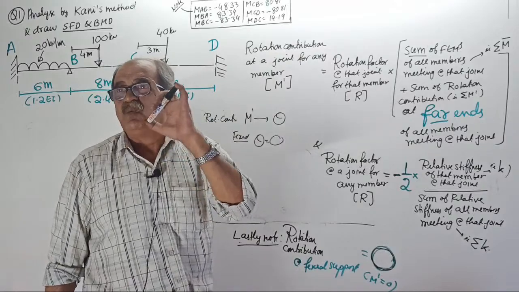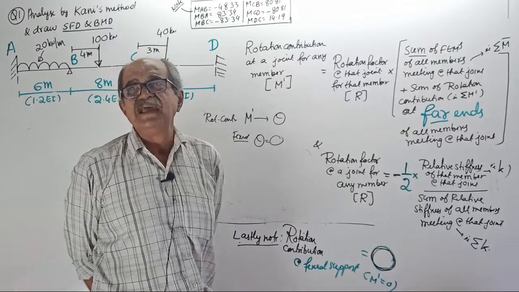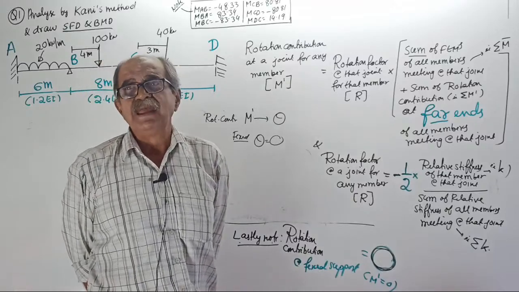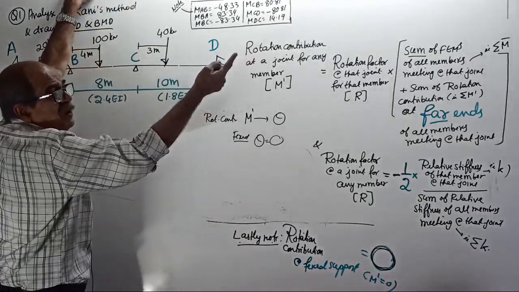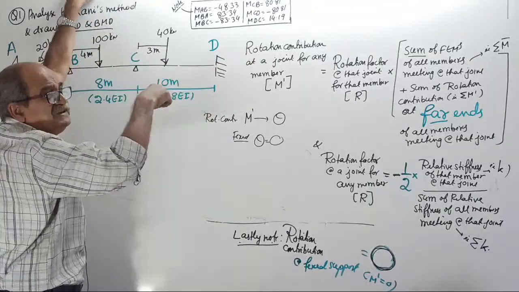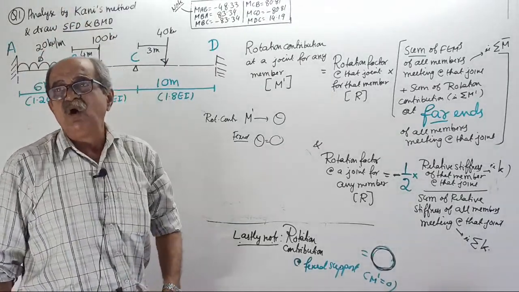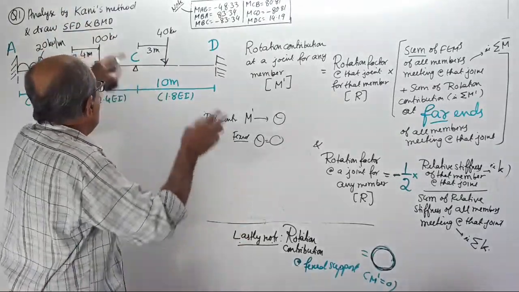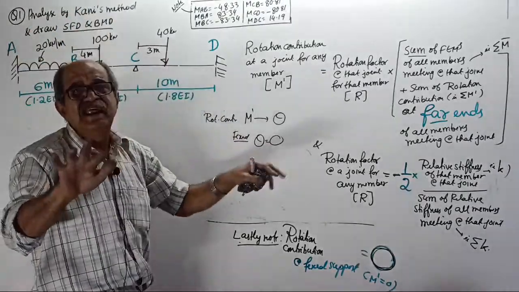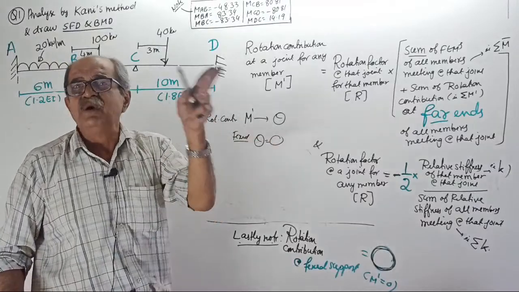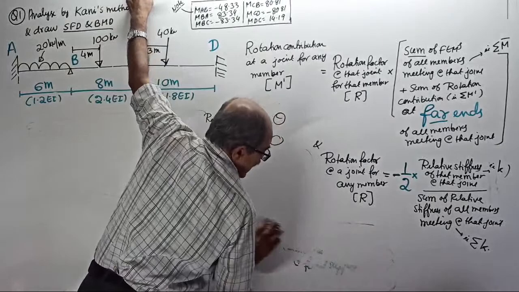But actually you can reduce the work by replacing that simple support by an imaginary fixed support, taking a modified fixed end moment and changing the relative stiffness. It will be taken as an imaginary fixed end with 0 contribution. Therefore, what I am covering today is valid for any end condition. I will tell you the correction in subsequent classes. Today you learn the basic question.